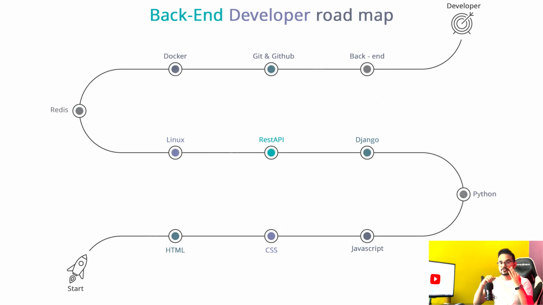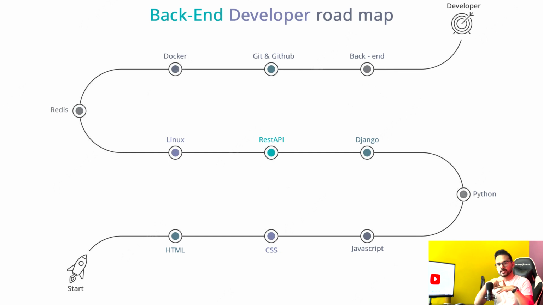Django supports three architectures for designing the server: microservices, MVT, and MVC. In other videos, I will tell you how to use these designs for our servers and which is better for our system.